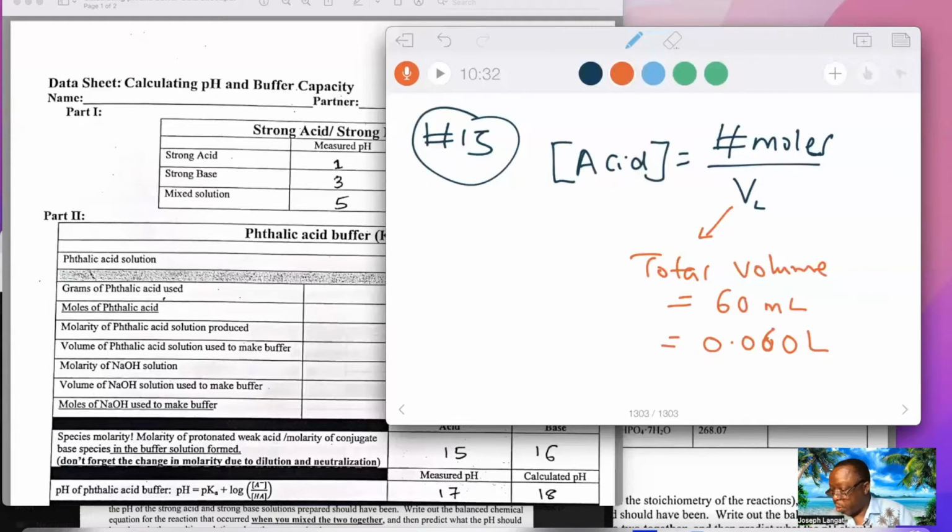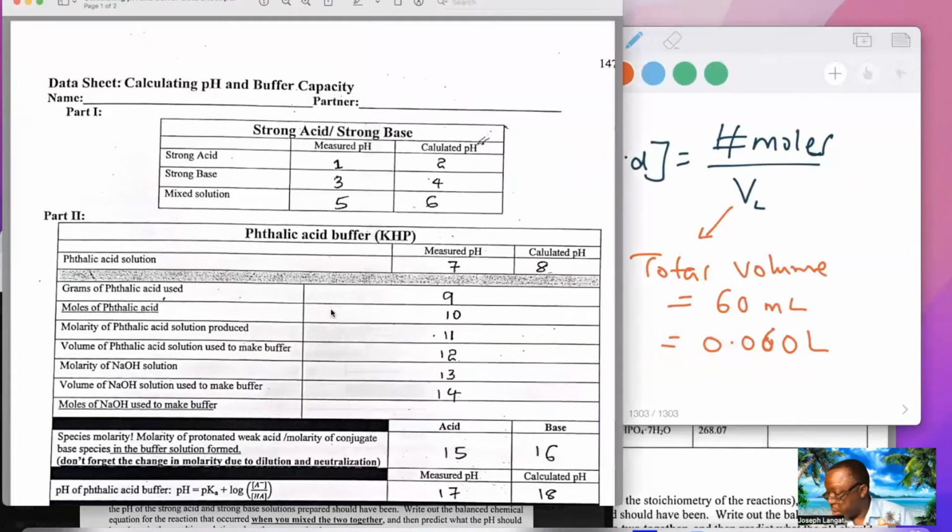So the number of moles of acid is given by a half times line 10.